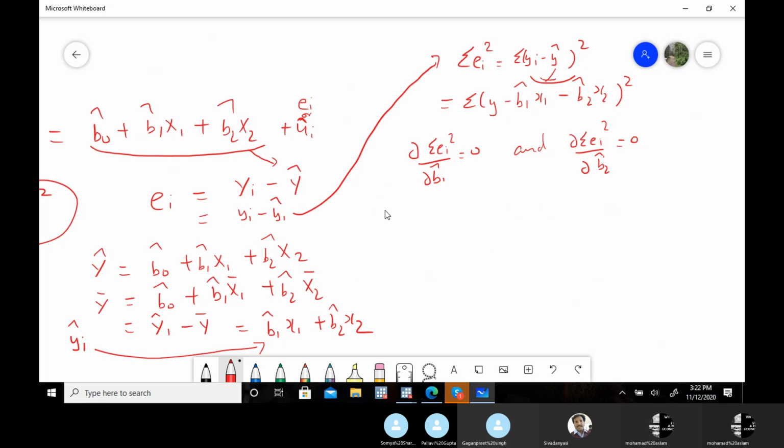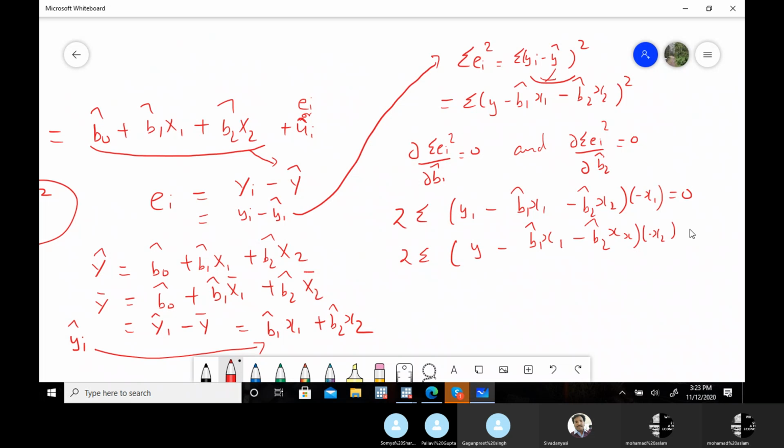That is, 2 summation yi minus beta 1 hat x1 minus beta 2 hat x2, if you do it for the beta 1 part, multiplied by minus x1 is equal to 0. That is the first equation, and the second equation is 2 summation y minus beta 1 hat x1 minus beta 2 hat x2, multiplied by minus x2 equal to 0.